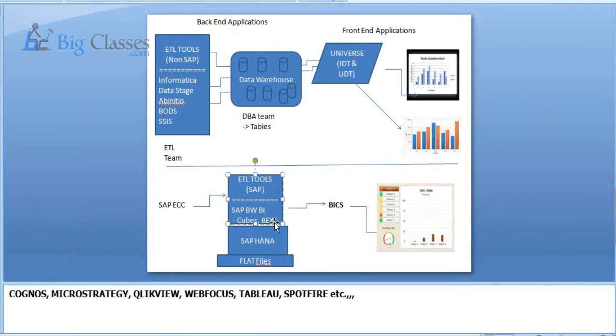But in these cubes, a cube is a collection of various tables. Now, this BEx connection, which is available in this business warehouse, BW, will interact with the cubes which are available in the warehouse of SAP. And by pointing towards those cubes, you can develop n number of reports.